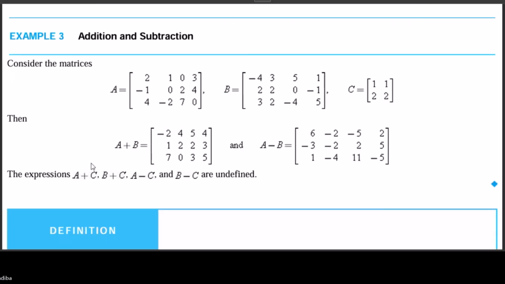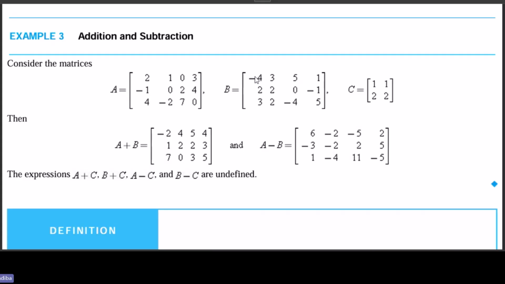Then A plus C. We cannot calculate A plus C because A is a 3 by 4 matrix and C is a 2 by 2 matrix. We can only add or subtract matrices of the same size. So these two matrices, A and C, are of different sizes.